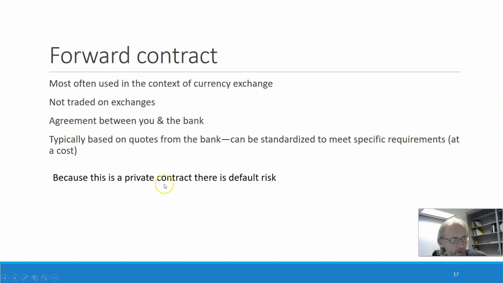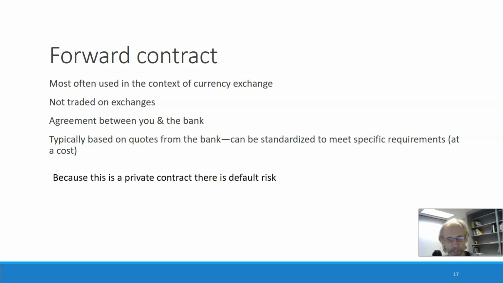Now, because these are private contracts, agreements between you and the bank, there is default risk. This was recorded at a time when Silicon Valley Bank was in the news as a recent bank failure. So if you had forward contracts with them, then you probably can't fulfill them right now.